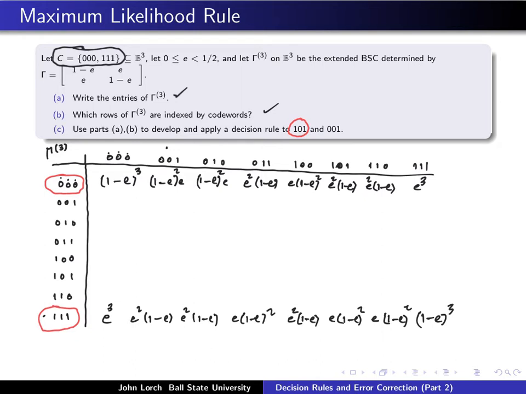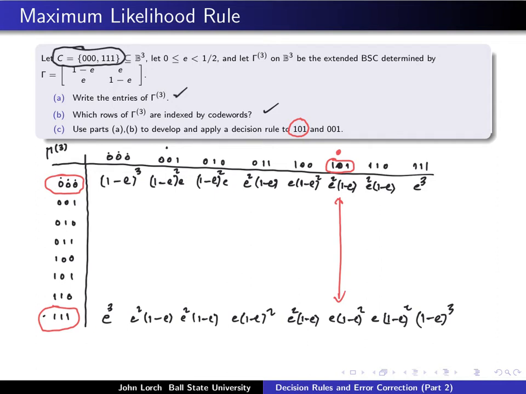So let's go to the output column, indexed by 101. And what we want to do is find out which of these inputs has the greater probability.